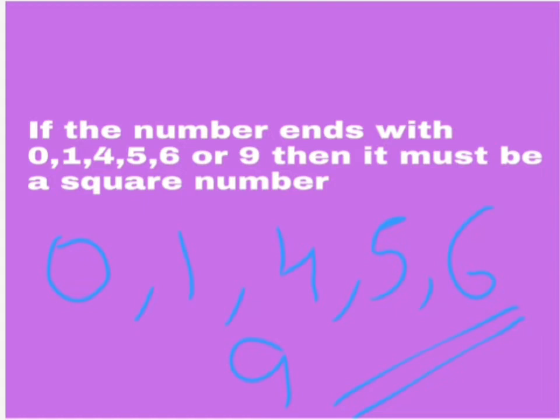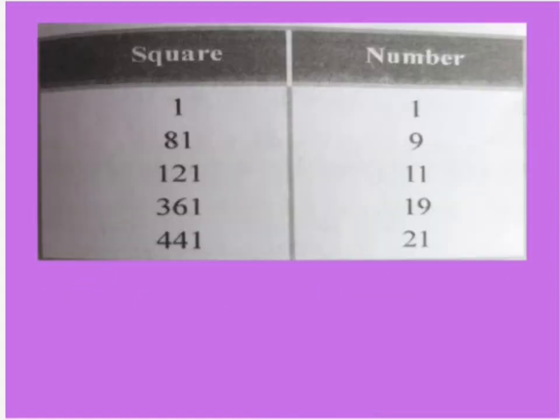Now let us move on to the second property. Before that, just check this. Here we have taken the numbers 1, 9, 11, 19, 21. After squaring, 1 square is 1, 9 square is 81, 11 square is 121, 19 square is 361, 21 square is 441. So what can we conclude from this?